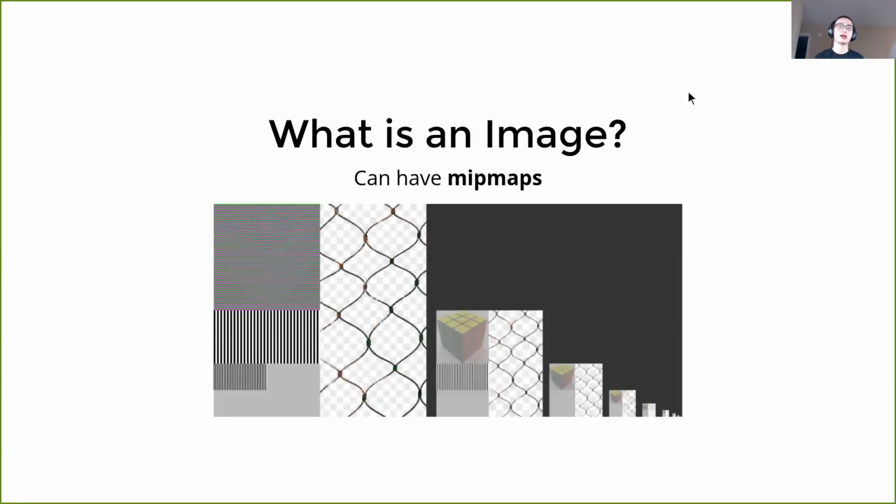Images can also have MIP maps. So an image itself is not a single thing, but instead we can have one large image and then we reduce the size by 2 each time to have smaller images, and then sometimes we can sample from the smaller images.